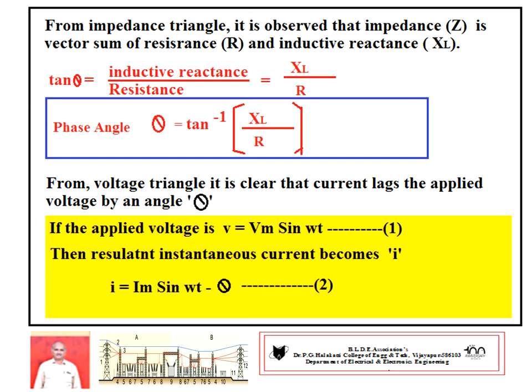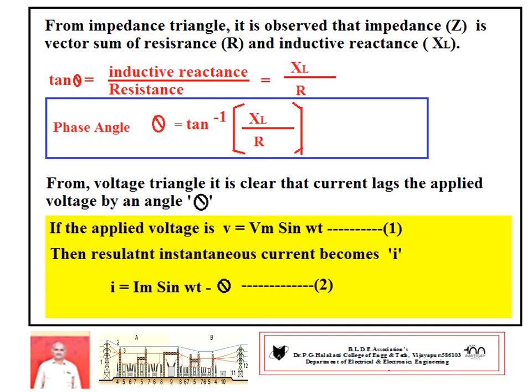That means this series circuit has the effect of resistance as well as inductance. This is the only meaning. Theta is not equal to 0, theta is not equal to 90 degrees. It lies above 0 and less than 90 degrees. The main effect is lagging, but the lagging angle is above 0 and less than 90 degrees.